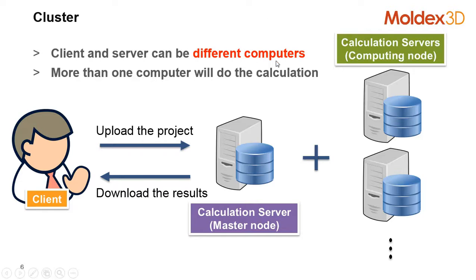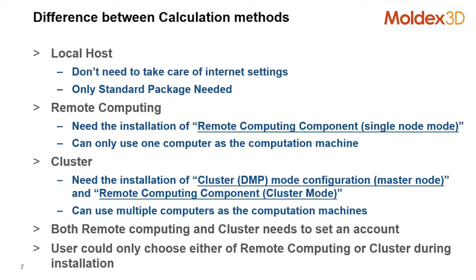Okay, so basically these are the three different types of calculation methods. Next, we need to talk about the difference between each calculation method. First, for the local host, we don't need to take care of the internet settings because we use the same computer for the calculation and the process settings.